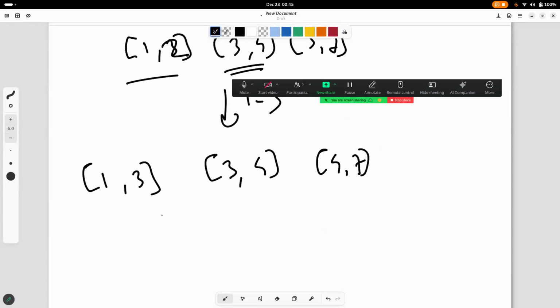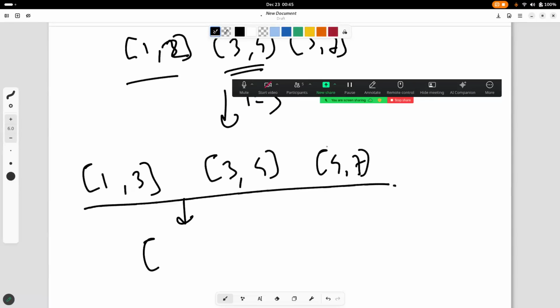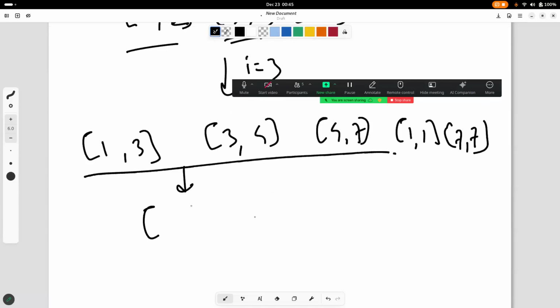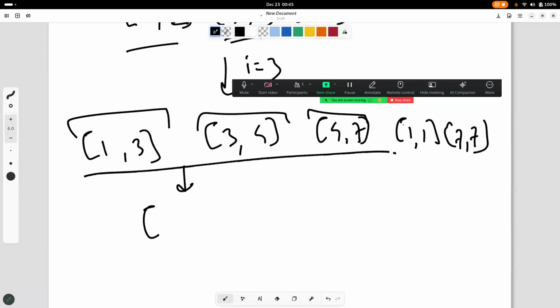And then finally you could just merge all these ranges, and you would get 1 1 and then 7 7. So 1 to 3, 3 to 4, 4 to 7, 1 to 1, and 7 to 7. If you merge all these ranges to the smallest possible range, that would give us 1 to 7.